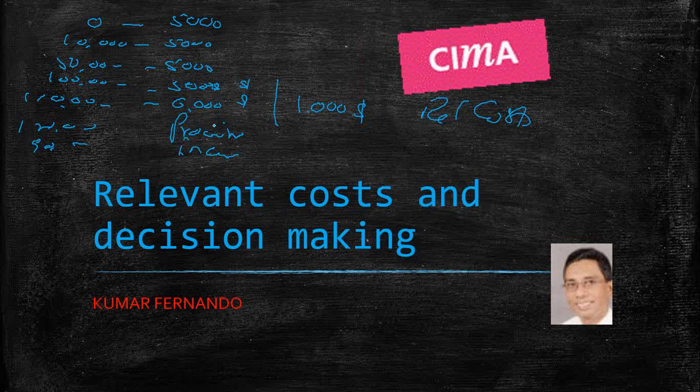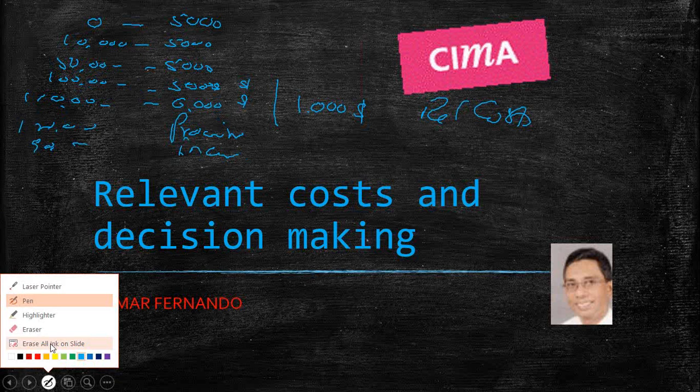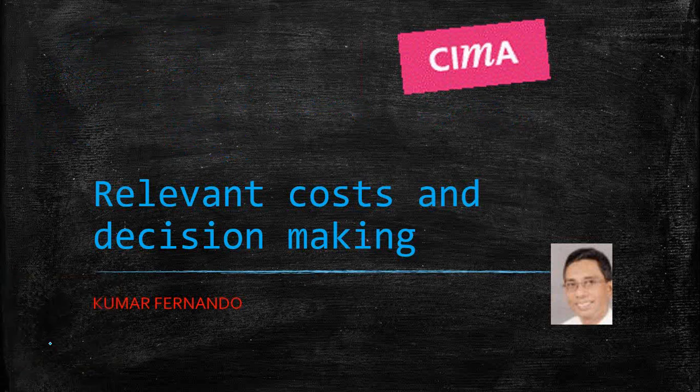So that is what we were talking about on the relevant cost, and that is why the relevant cost becomes very important. They are future costs, they are future revenues, they are incremental or differential, something which is coming up as a separate one.